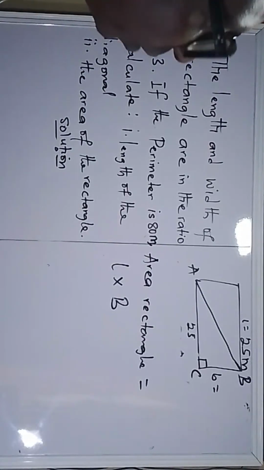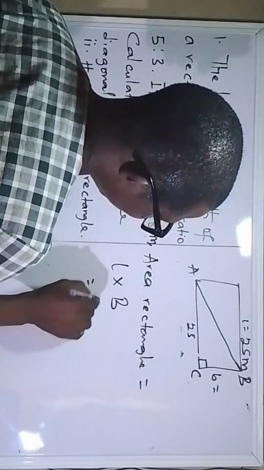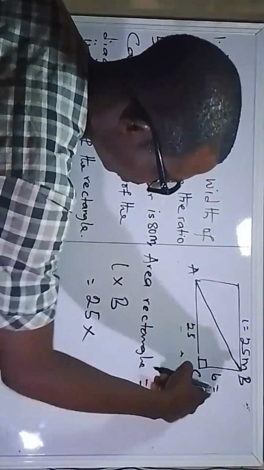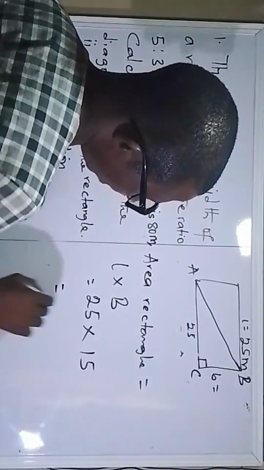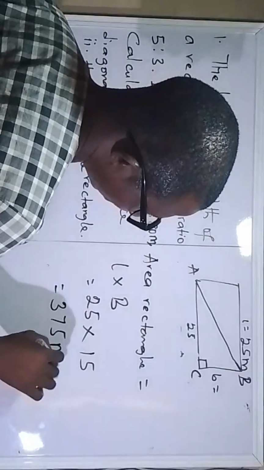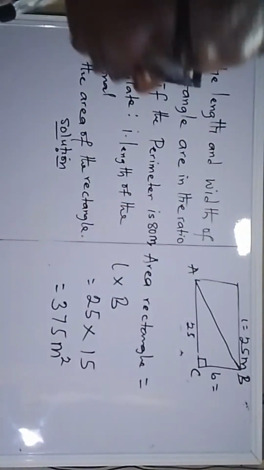That is going to give you 25 times 15, since the length is 25 and the breadth is 15. When you multiply it, you have 375 meter square. So the unit is going to be in unit square.